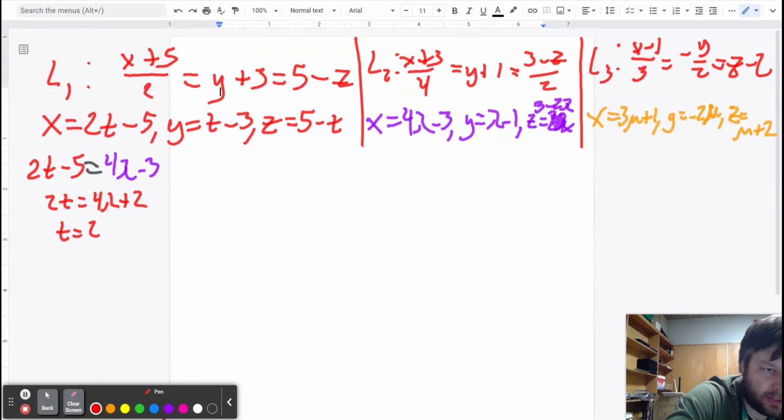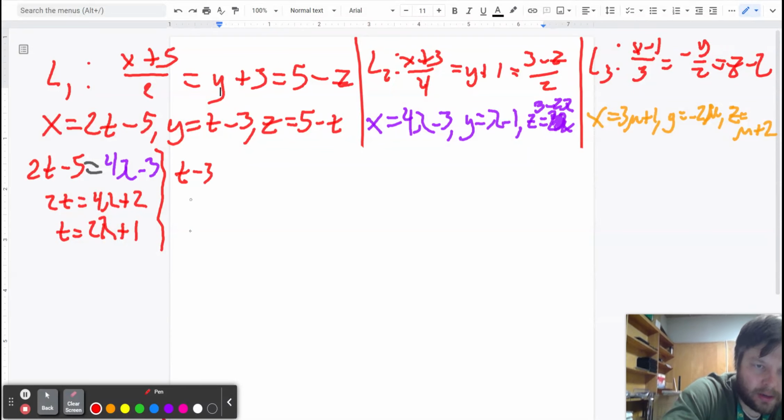T equals 2 lambda plus 1. Great. Now, let's set the next ones equal to each other. Red equals purple. Add 3. T equals lambda plus 2.